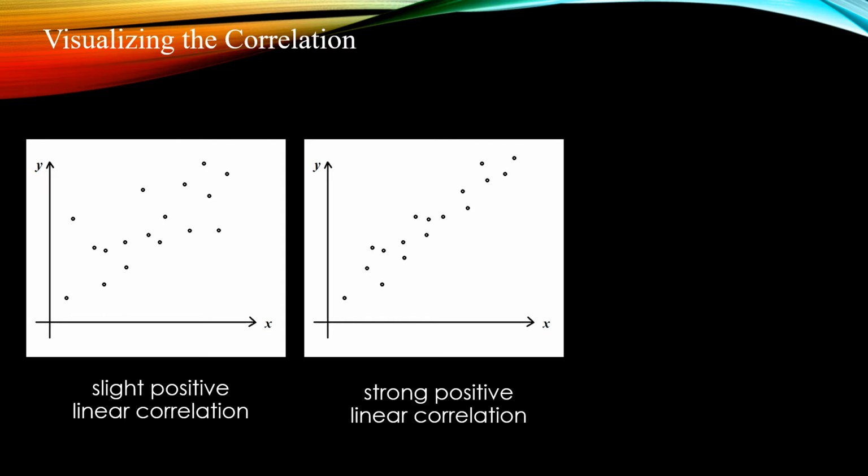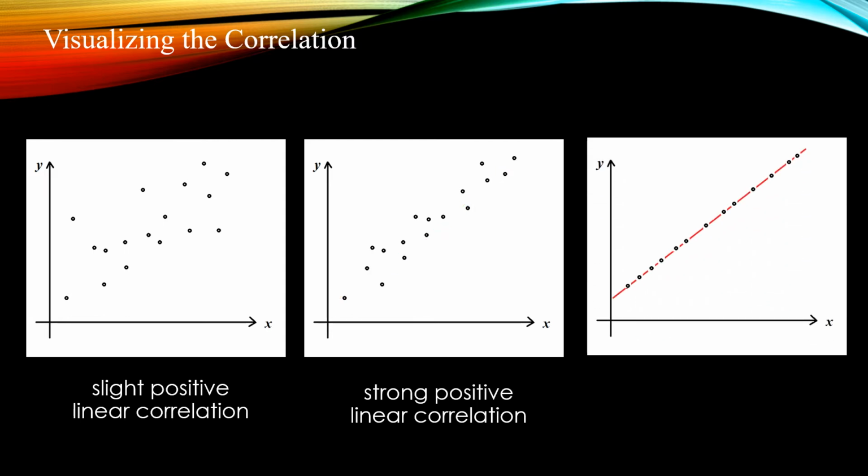It is linear because the best fit line, or the relationship that you would use to describe the points, would be probably a straight line, and it would be a positive correlation because the slope of this is positive. And when the data points all lie exactly on that positively sloped straight line, that's considered a perfect positive linear correlation.